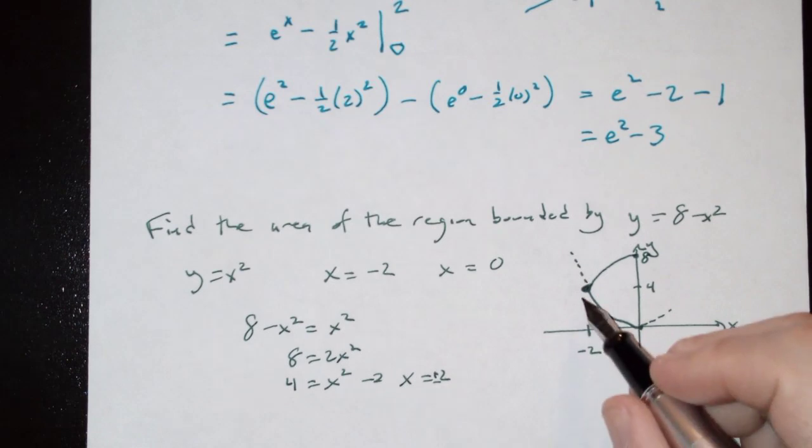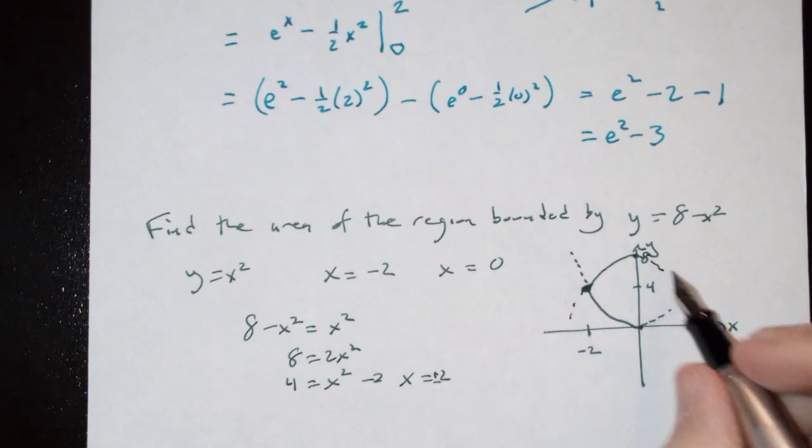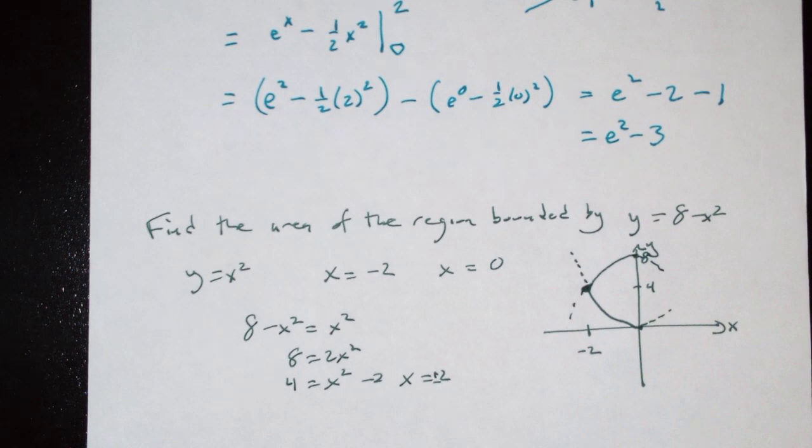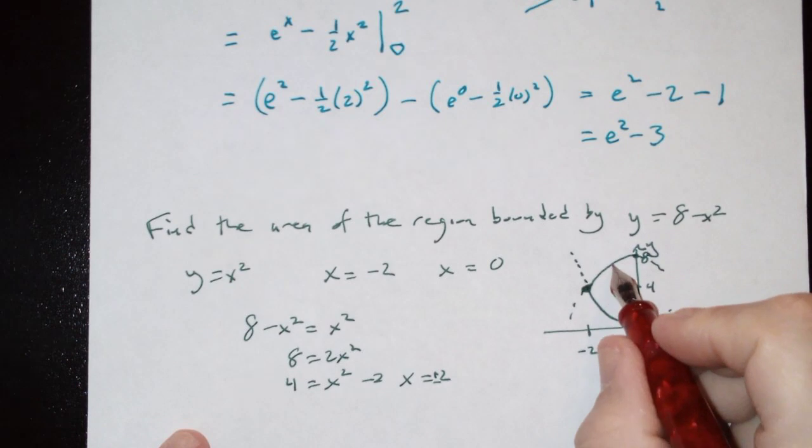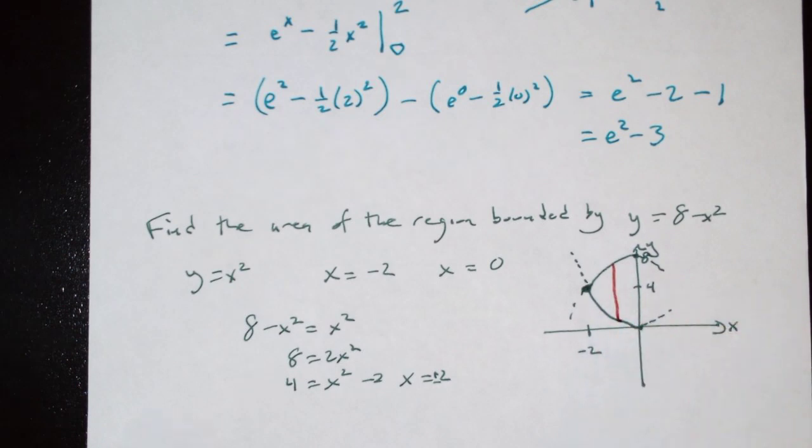And again, I know this graph continues, but I don't care about that. I only care about the part here between -2 and 0. Again, I'm going to draw the little rectangle in the middle there. And I would like you to set up an integral for me.